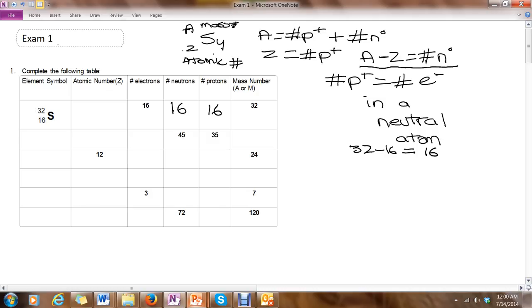So what is the atomic number? The one on the bottom, which is the number of protons. Let's go ahead and look at this. The number of protons and electrons are the same in a neutral atom, and it doesn't say it has a charge. The number of neutrons plus the number of protons gives me the mass number. So A is equal to 45 plus 35, which is going to be 80.